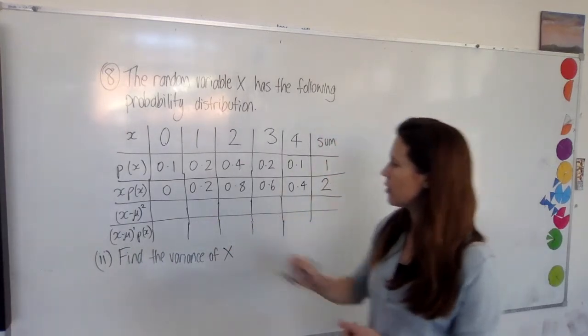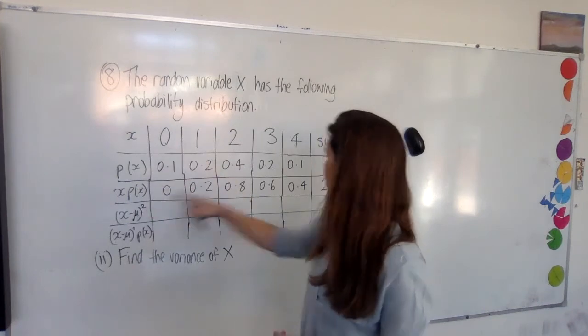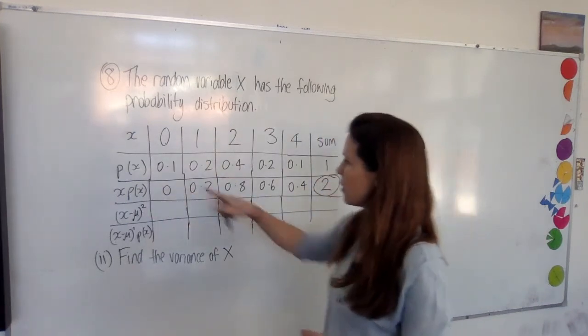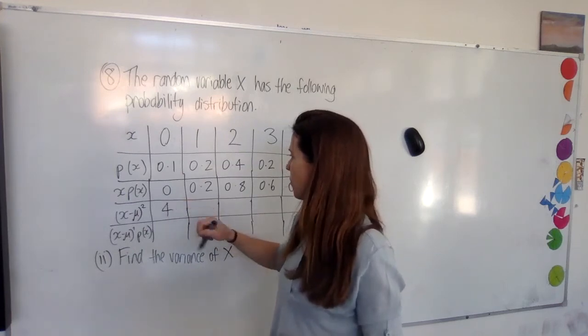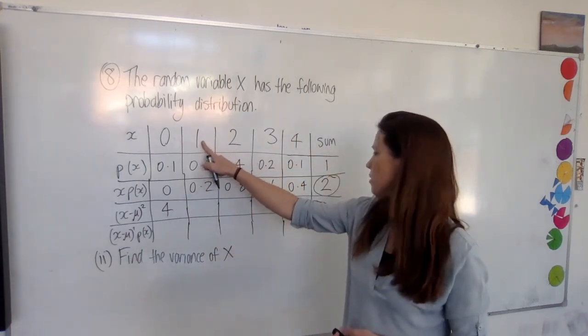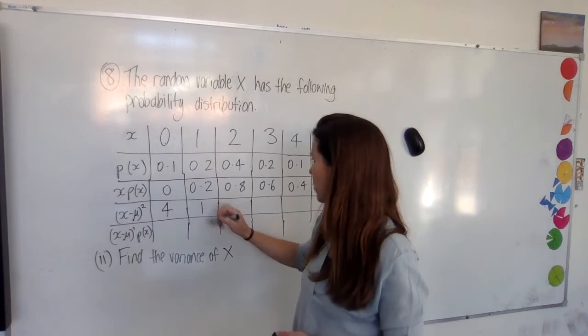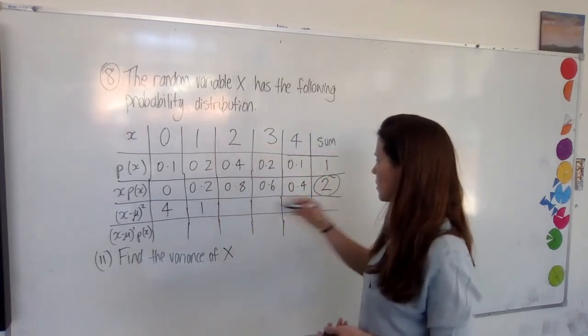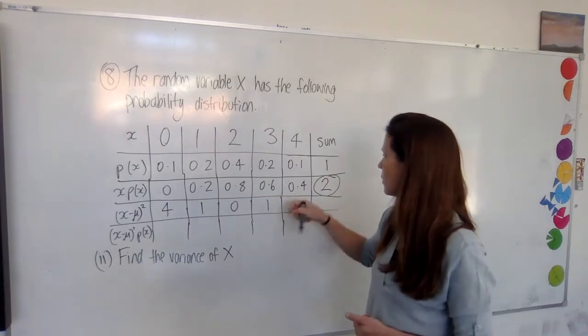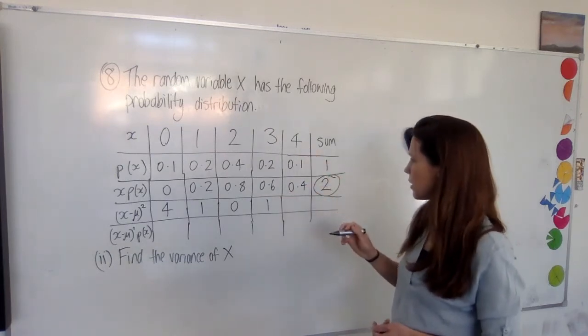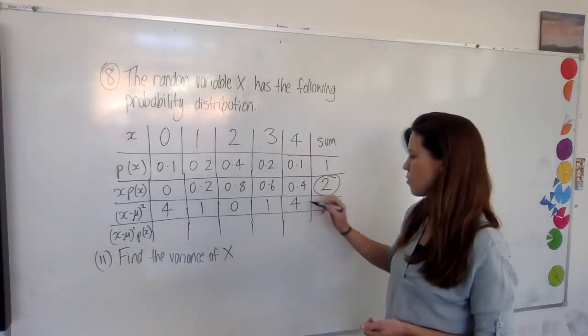Okay, so I need to do each score minus 2. So 0 minus 2 is minus 2, and when I square that I get 4. 1 minus 2 is minus 1, and when I square that I get 1. 2 minus 2 is nothing, squared is 0. 3 minus 2 is 1, squared is 1. And 4 minus 2 is 2, and we square that, we get 4.